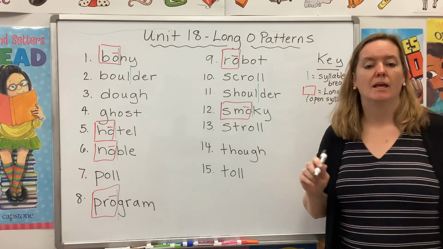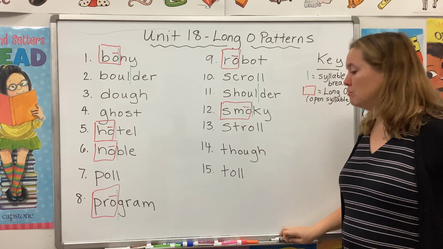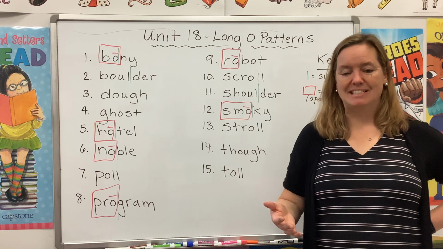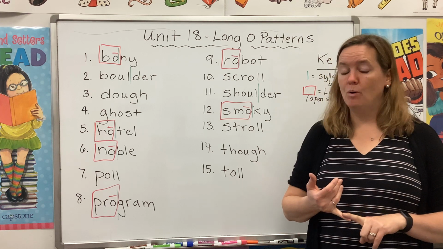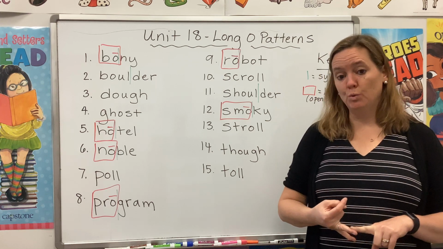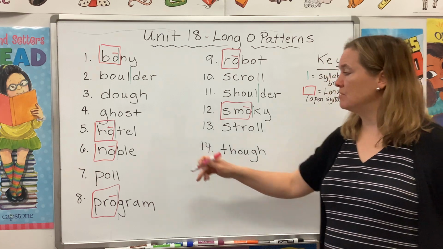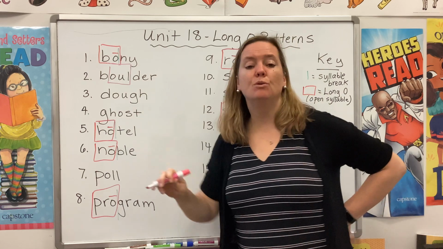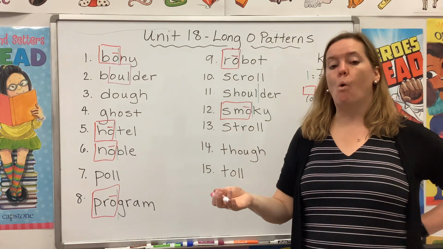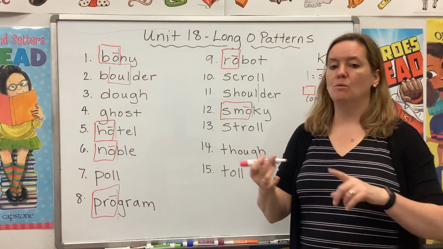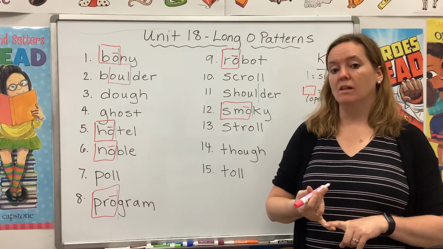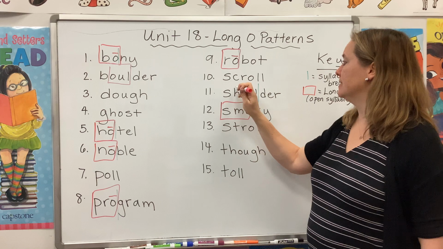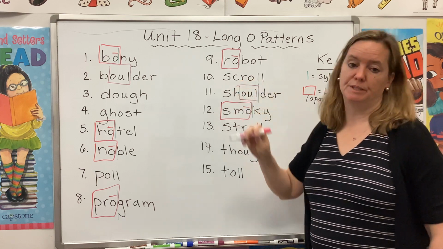Okay? Let's look at the word boulder. OU has lots of different sounds. Sometimes it says ow, sometimes it says ooh, but when we put it before an L, it's usually going to make an O sound. We see that in words like soul and poultry, boulder and shoulder.